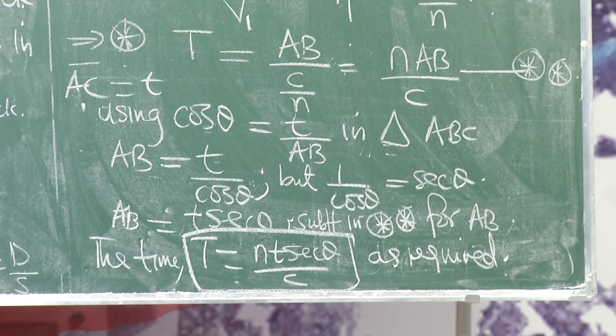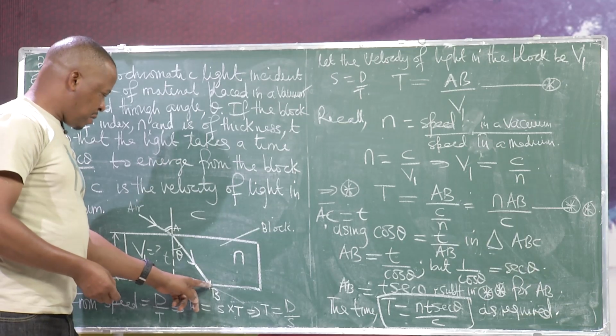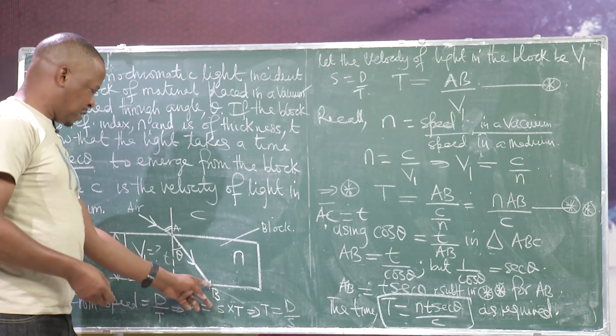That gives us that simple proof or derivation. The time taken, t, must be noted from the start as the time taken for the light to emerge. For the light to reach point B, we say it is ready to emerge.